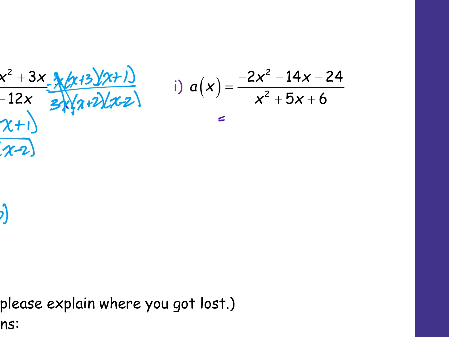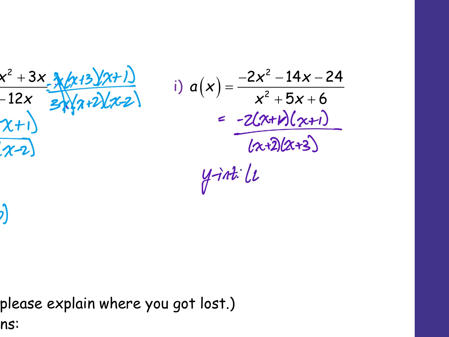So this factors to -2 times x plus 6 over x plus 1 all over x plus 2. Oh, that is so not a 2. 2 times x plus 3. So my y-intercept is 0, -4. And my x-intercept is -6, 0 and -1, 0.